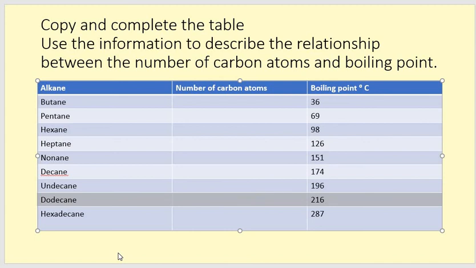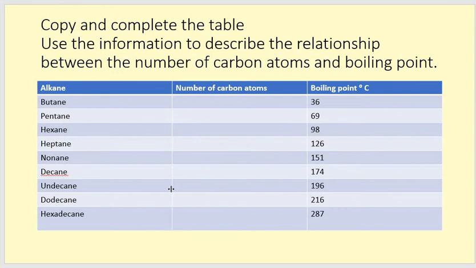All you need to find out to complete this table is the number of carbon atoms that goes with each of these alkanes. If I've been kind, you might find that they're in some sort of order. You've already got information on boiling points. I'm not asking you to look that up because I'm just too kind. When you have got the number of carbon atoms and you've got the next boiling point next to it, I want you to describe the relationship.